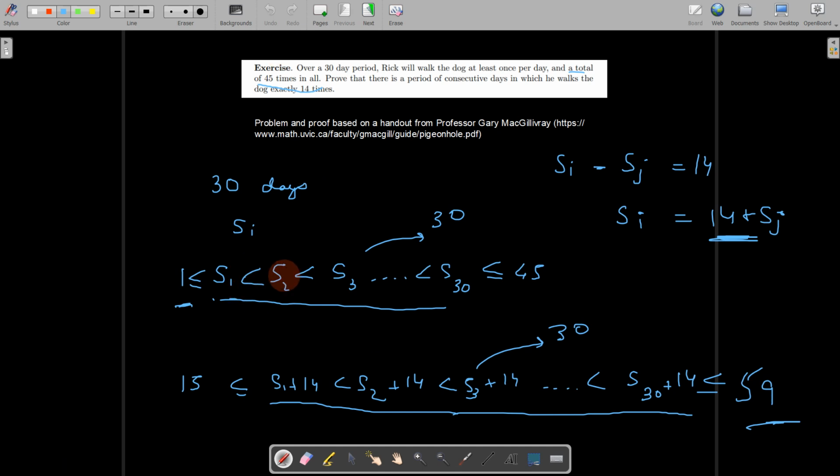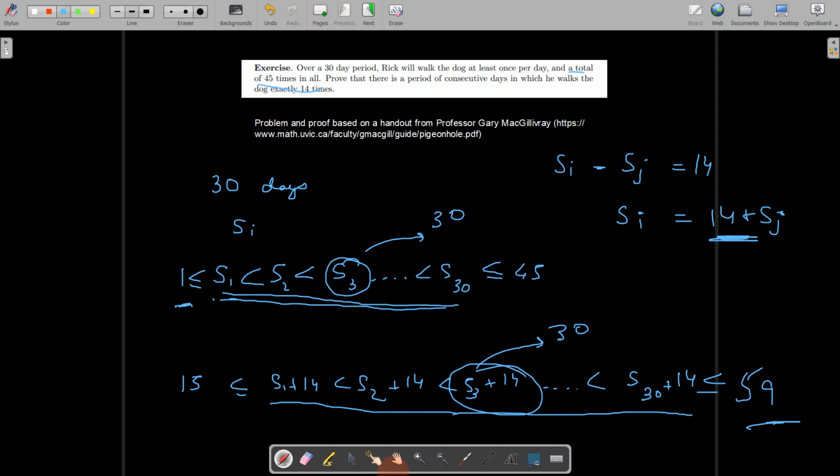But notice that the series S1 to S30 is strictly increasing, and S1 plus 14 to S30 plus 14 is also strictly increasing. So two values from the same series cannot be equal. The only case is that a term from the above series and a term from the below series have to be equal.